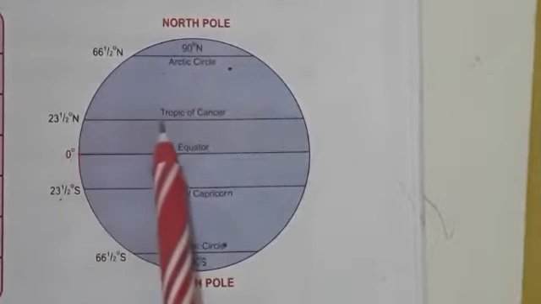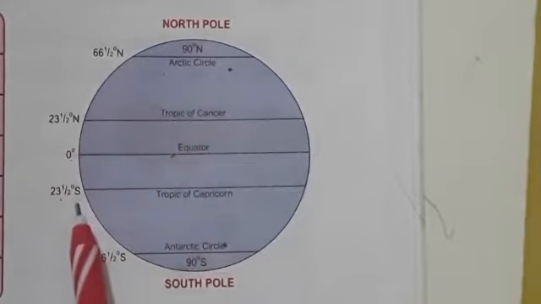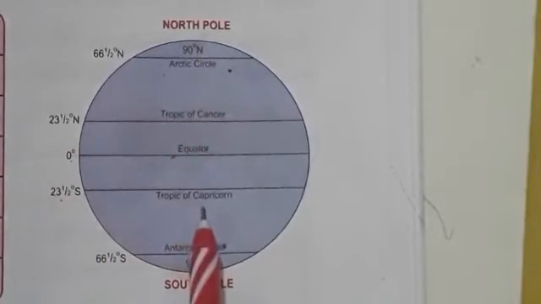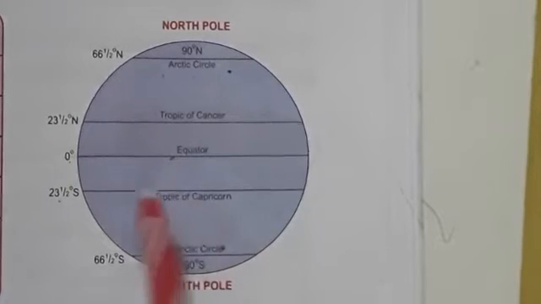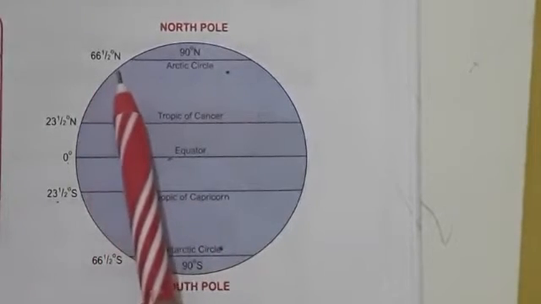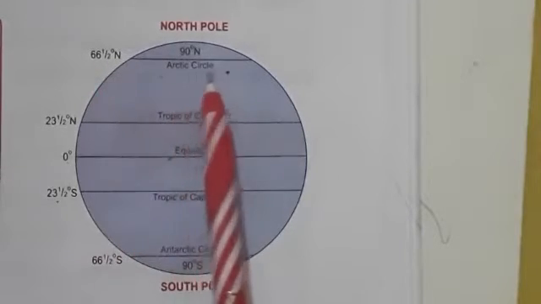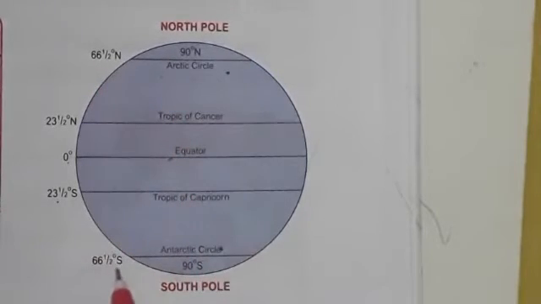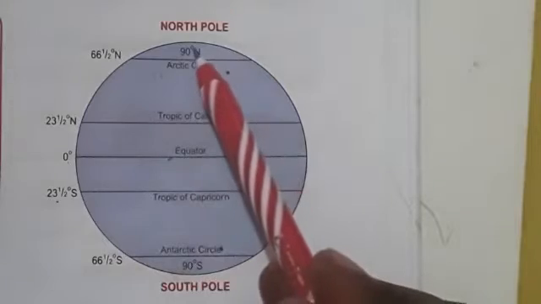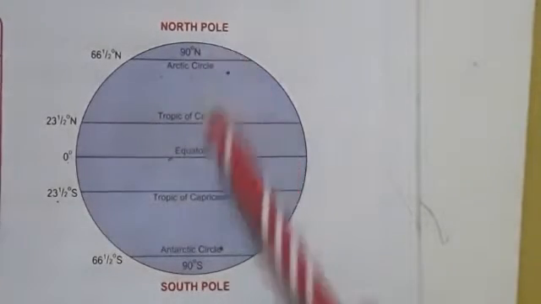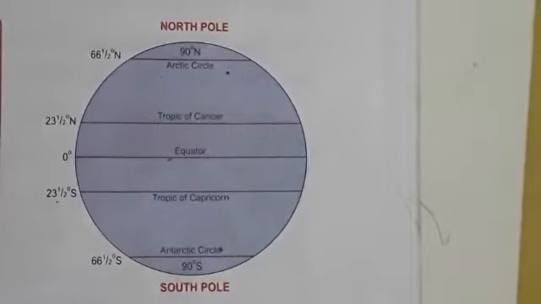If it is north, it is Tropic of Cancer, and if it is south, it is Tropic of Capricorn. Okay, and if it is 66.5 degree north, it is Arctic Circle, and if it is south, it is Antarctic Circle. Okay, and 90 degree north we have North Pole, and 90 degrees south we have South Pole.